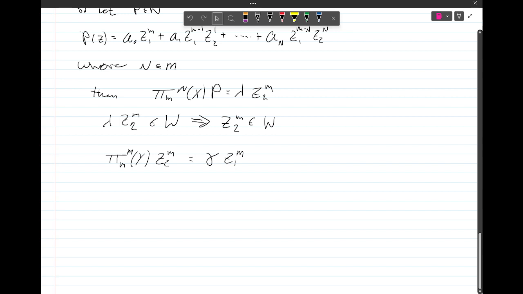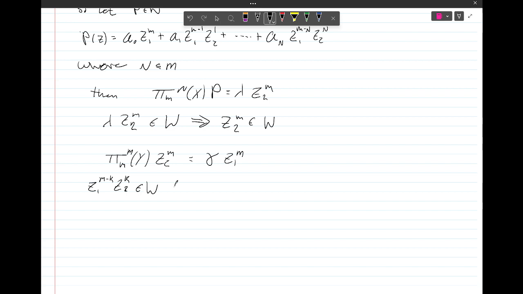So there we go. We went all the way to the top of greatest degree with respect to z2, and then we went through every intermediate basis vector. So we now see that z1^(m-k) times z2^k is in W for all k greater than or equal to 0 and less than or equal to m.